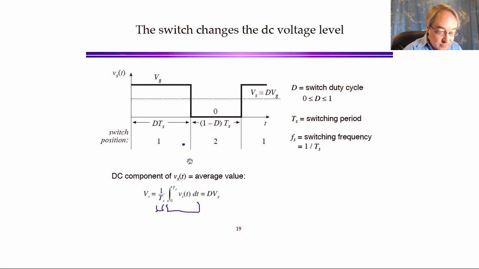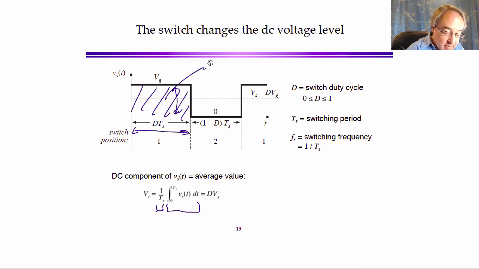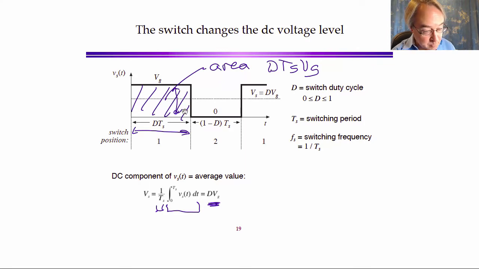So if you integrate this waveform, the integral is the area under this curve, which is this width D Ts times the height Vg. So we get an area of D Ts Vg. And if you divide by Ts, then what we find for the DC component is that it is D times Vg, where D is the duty cycle, or the fraction of time that the switch is in position 1.